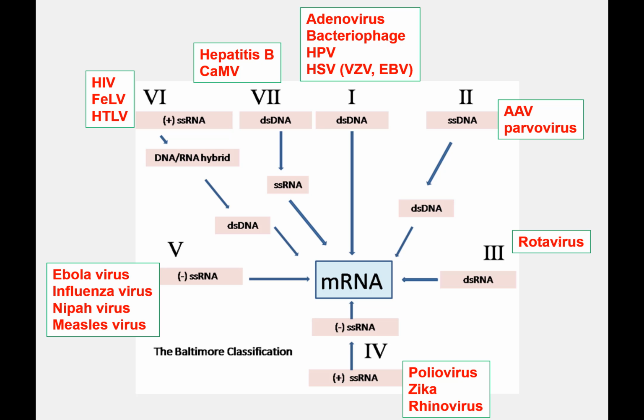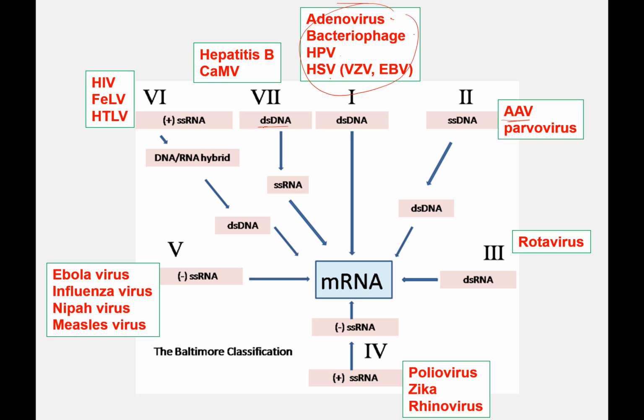We have a couple single-stranded DNA viruses. Adeno-associated virus is something used in gene therapy. Double-stranded DNA viruses like human papillomavirus, herpes simplex virus, a lot of bacteriophage, though not all. Adenovirus, again, another cause of pretty common colds.